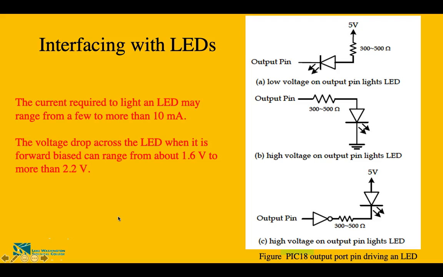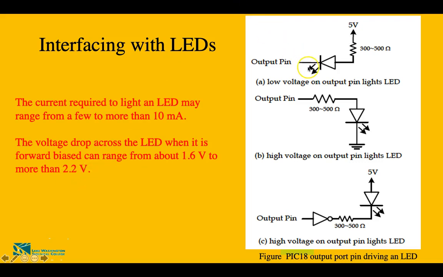Based on that you can indicate that output through the LEDs. And you know that an LED can illuminate when it is forward biased and has sufficient current flowing through it. The current required to light an LED may range from a few to more than 10 milliamps, and the voltage drop across the LED when it is forward biased can range from 1.6 volts to more than 2.2 volts.